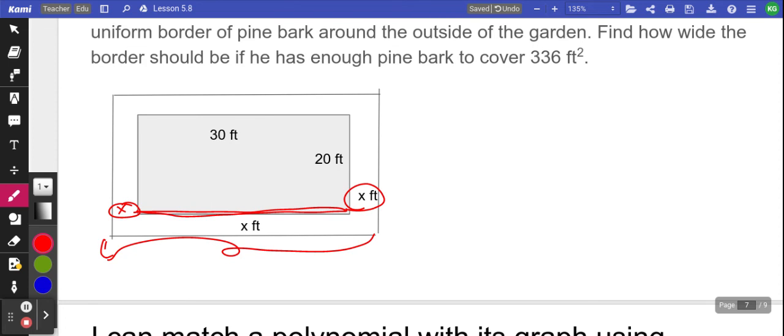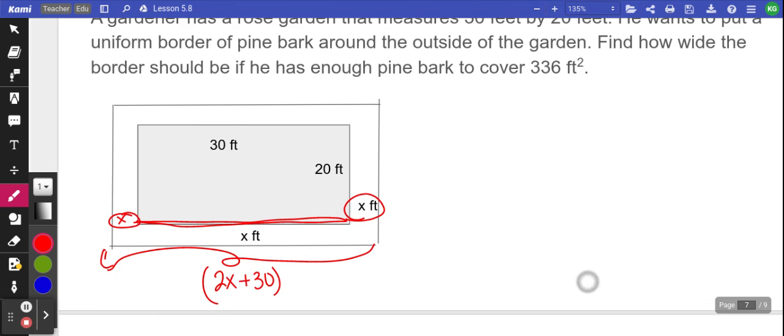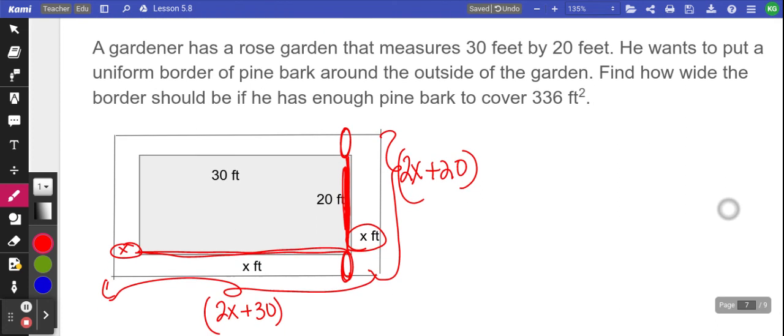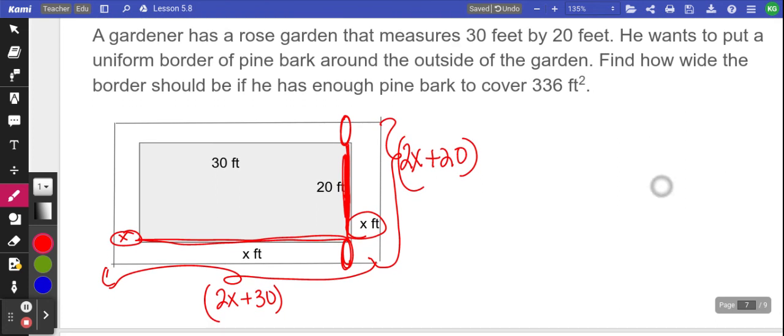So that would give me a total of 2x plus 30. This side, this much of it is 20 plus x, 2x plus 20. And we are doing area, so I need to multiply them.